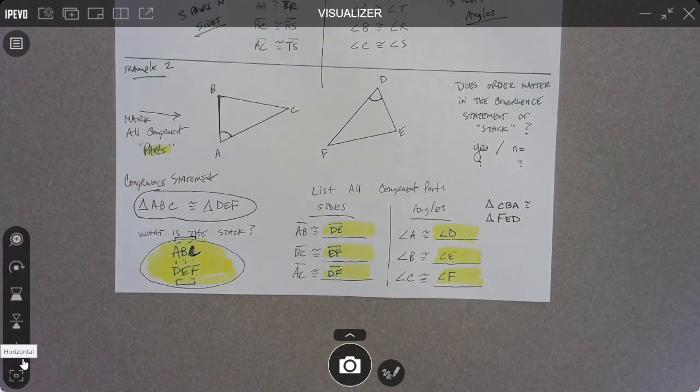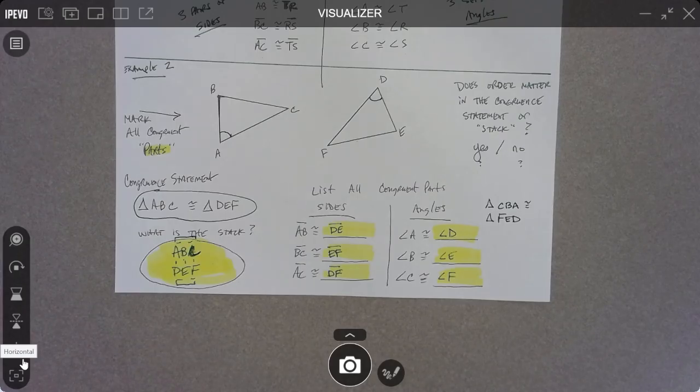Well, if they give you a statement, sure. I mean, yeah, they're going to give you the corresponding angles. So if they give you the statement without any information at all, like I have here, then the given information is what tells you what's congruent.